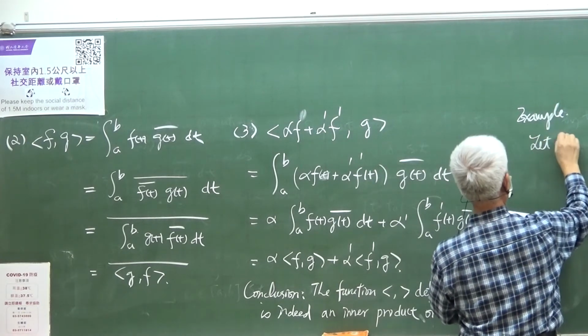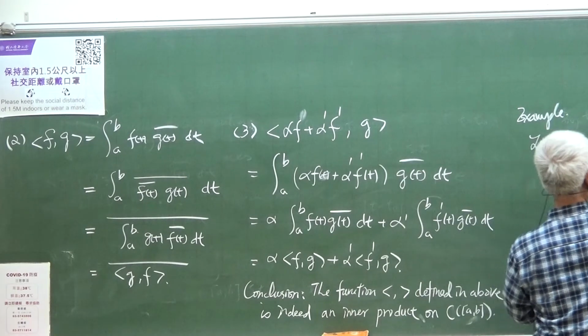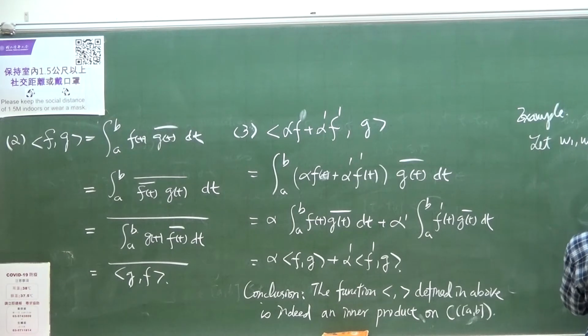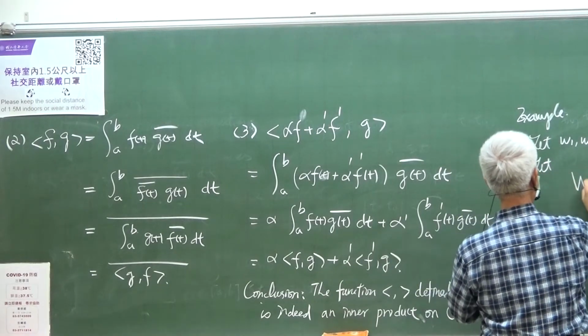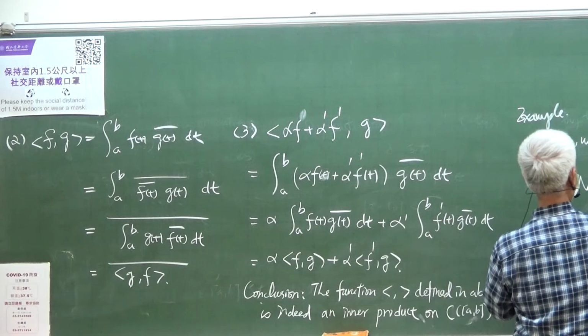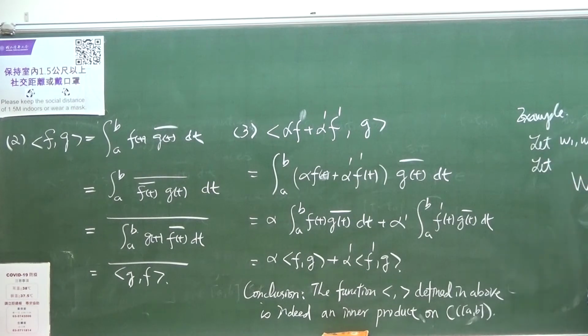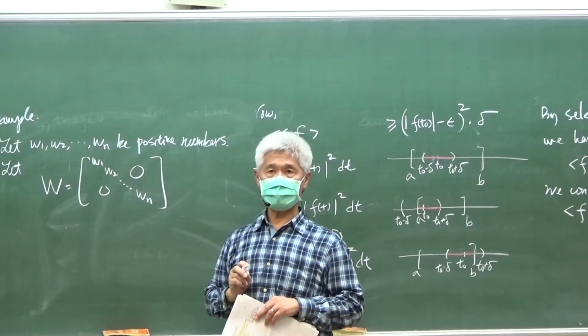So we let s sub 1, s sub 2, up to s sub n be positive numbers. So they are all positive numbers. And we let W be the n by n diagonal matrix, where the diagonal entries are these n positive numbers.